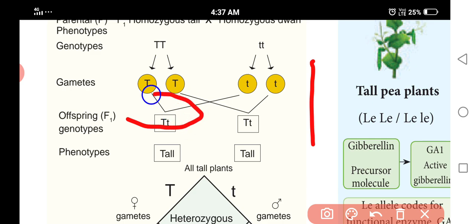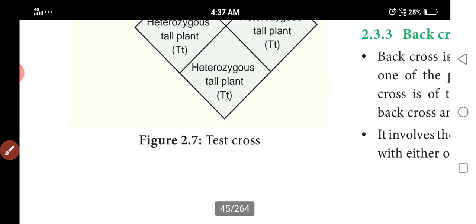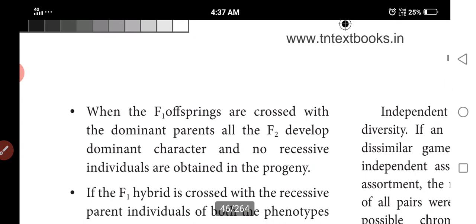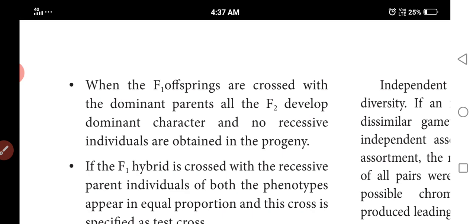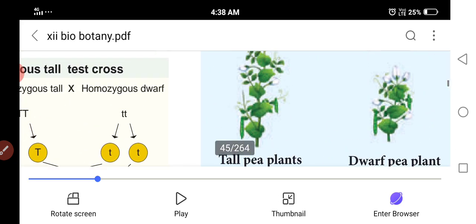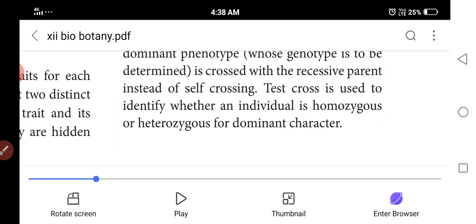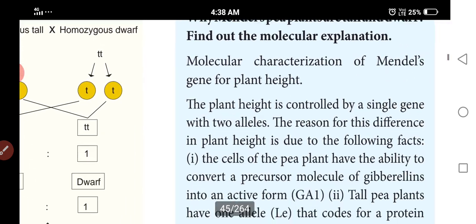The offsprings are capital T, small t, capital T, small t. So the same 1:1 ratio. In that test cross, we will obtain a genotypic ratio and phenotypic ratio of 1:1.